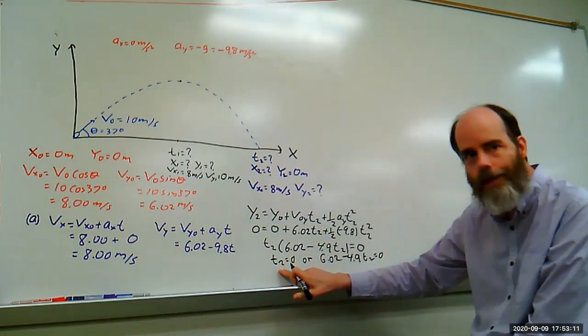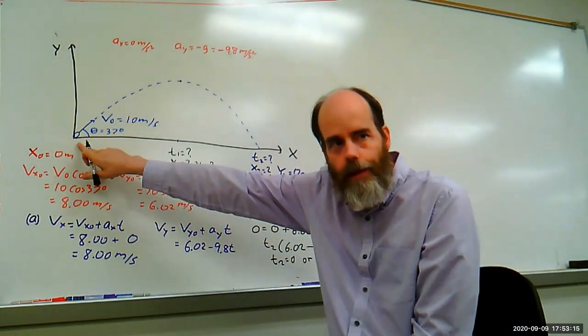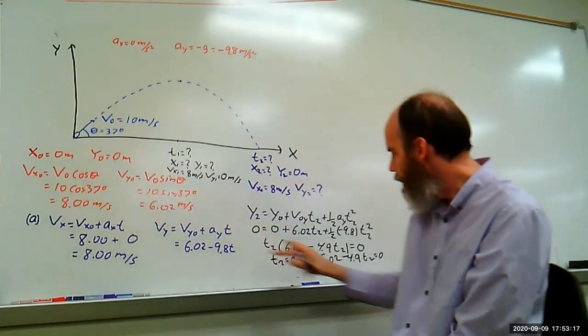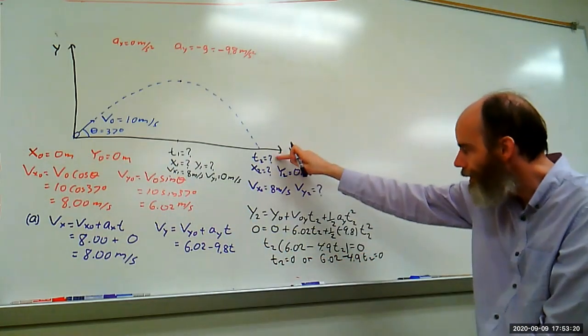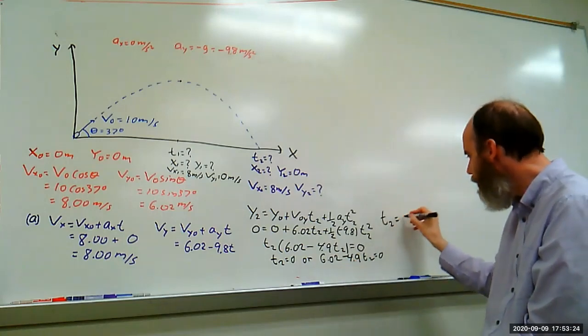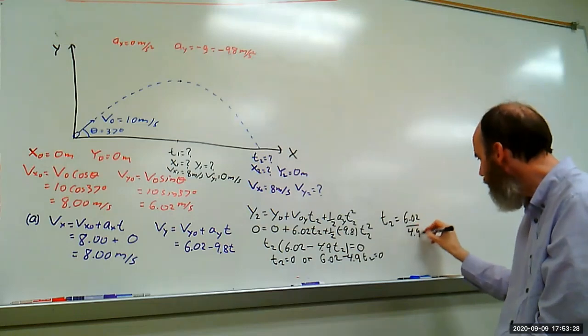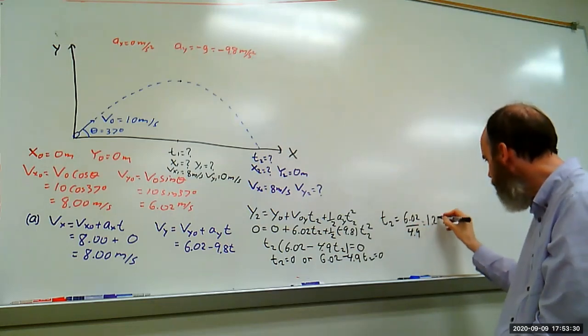Well, the first one, t2 equals 0, occurs at the beginning of the projectile motion. The second one is going to occur at the end. So the solution is t2 equals 6.02 over 4.9, which is 1.23 seconds.